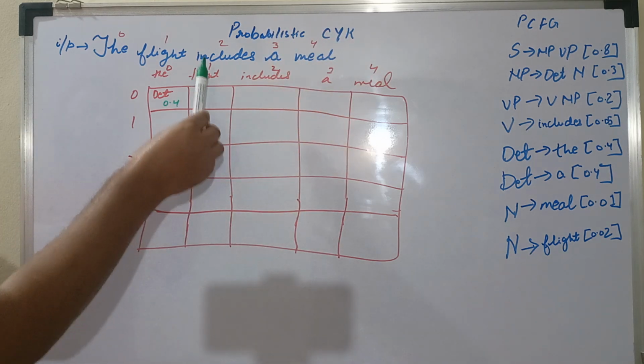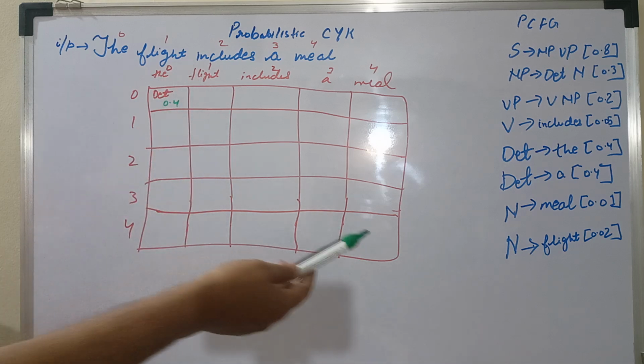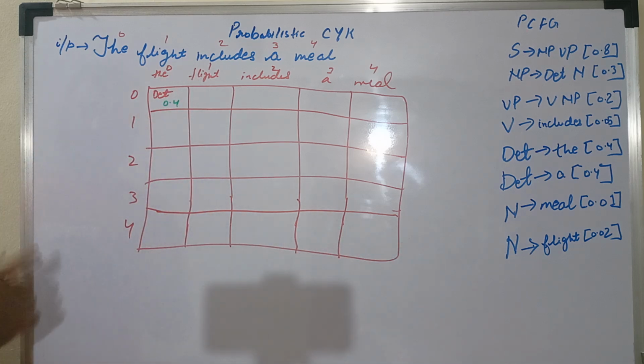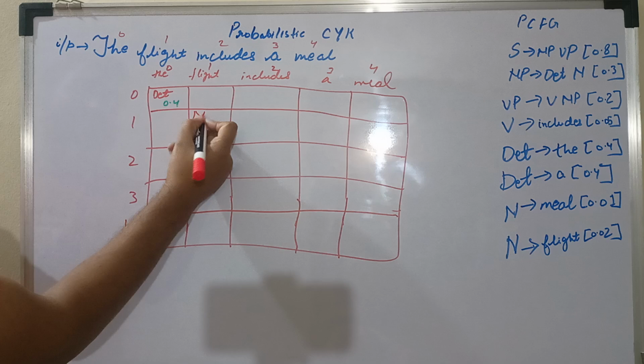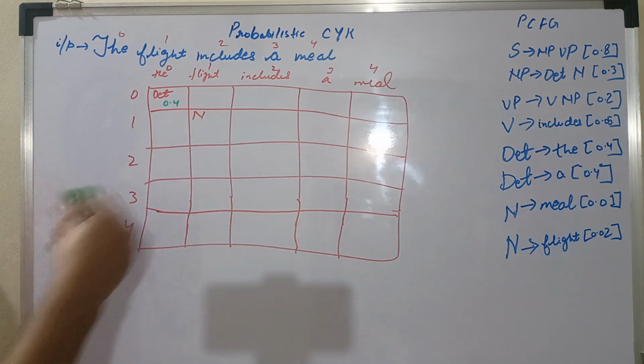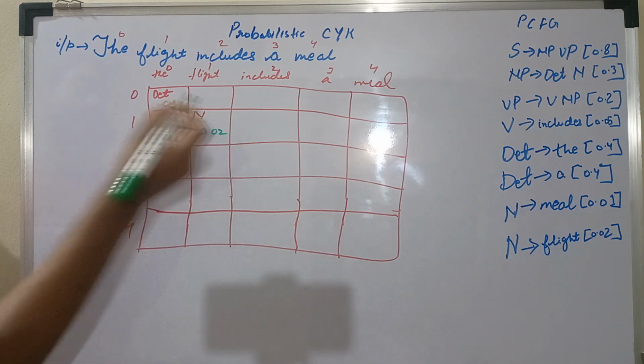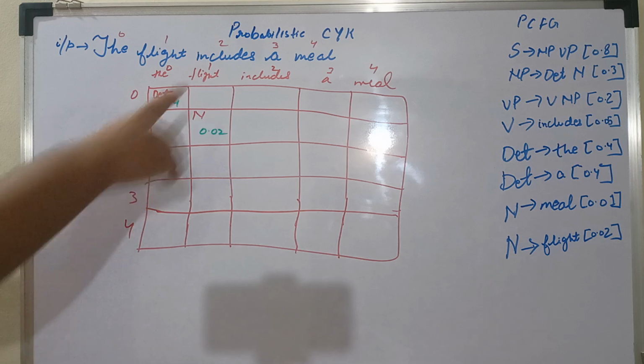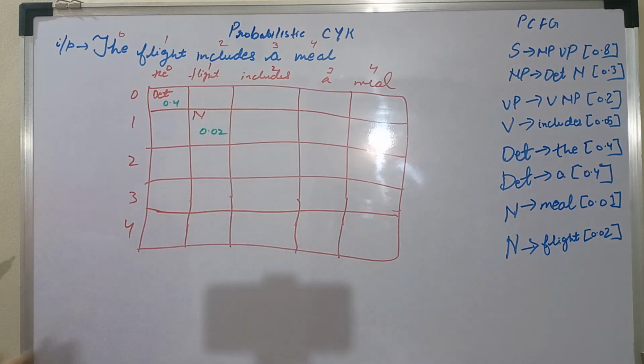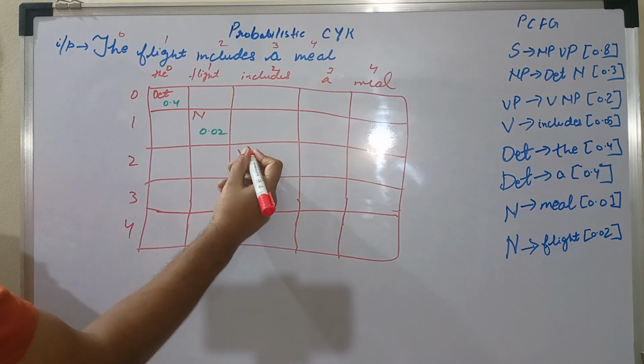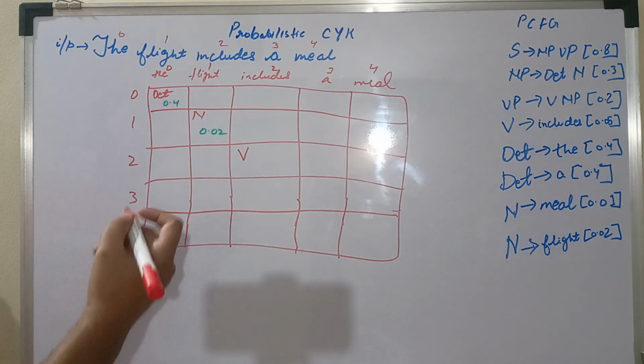Now if we look at 1, 1, the word is flight, it comes from N and the probability is 0.02. Next word, includes, at 2, 2: it's a verb, and the probability is 0.05.